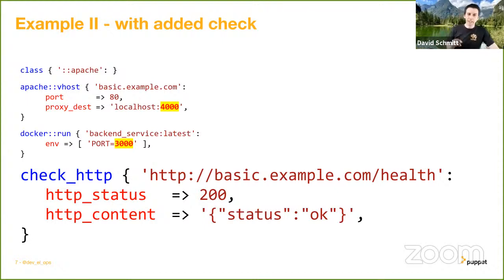This check resource will make an HTTP call to the specified URL and report a failure if that request doesn't return 200, or if the body of the response is not the specified JSON. This will run directly on the managed node, every time Puppet runs, and thus provides an ongoing audit trail that the configuration that Puppet deployed is actually working.